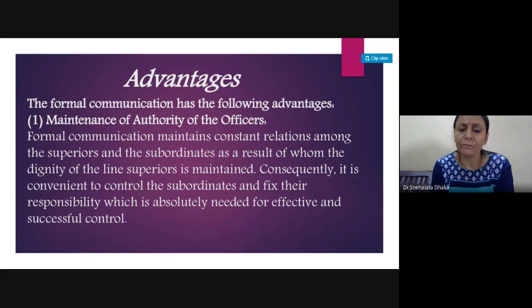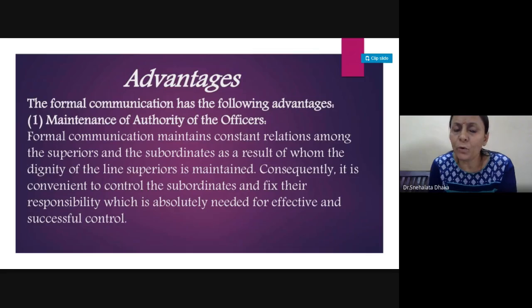Otherwise what will happen? There could be a mess, a lot of confusion, diversions, and indiscipline. So this maintenance of authority of the officers and officials is continued through formal communication. Is this point clear?